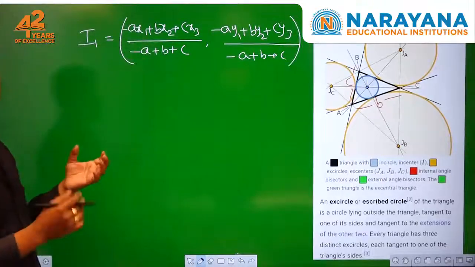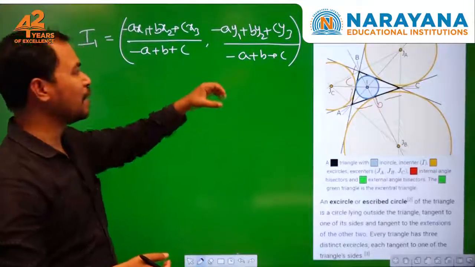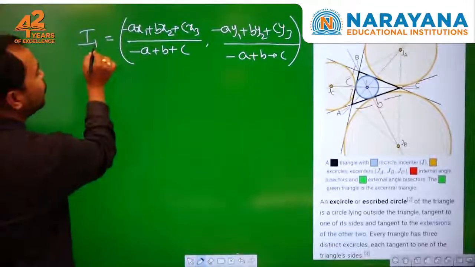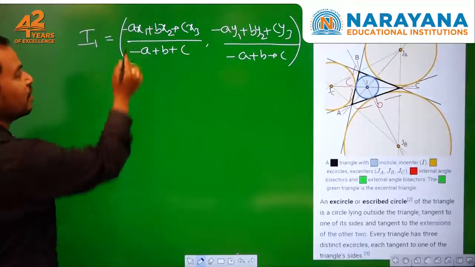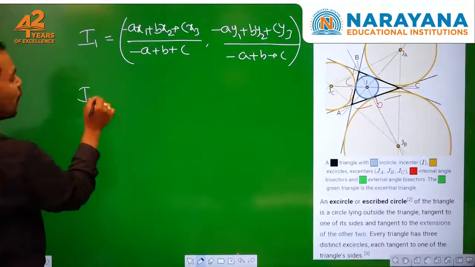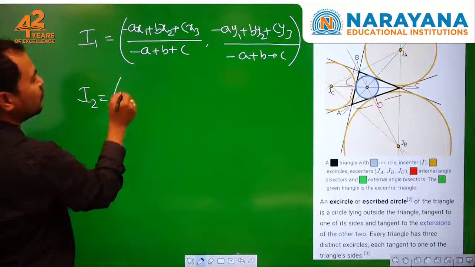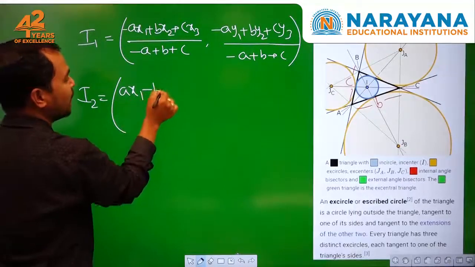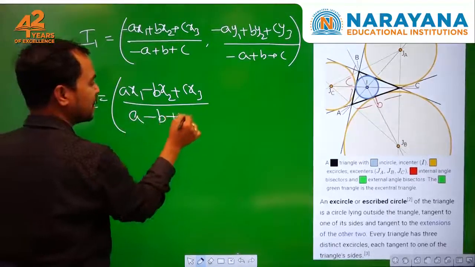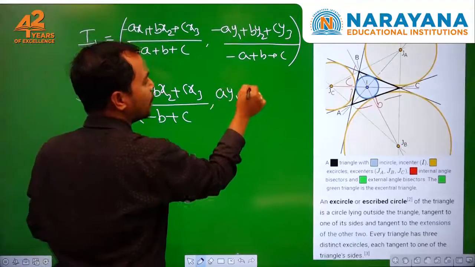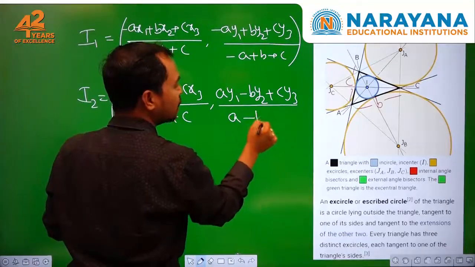In the previous class, the incenter I formula is (ax1 + bx2 + cx3)/(a + b + c), (ay1 + by2 + cy3)/(a + b + c). Now this is the formula for I1, where there is a minus symbol for small a in the numerator and denominator. Similarly, you can guess the I2 formula: there will be a minus symbol for b, so (ax1 - bx2 + cx3)/(a - b + c), comma (ay1 - by2 + cy3)/(a - b + c).